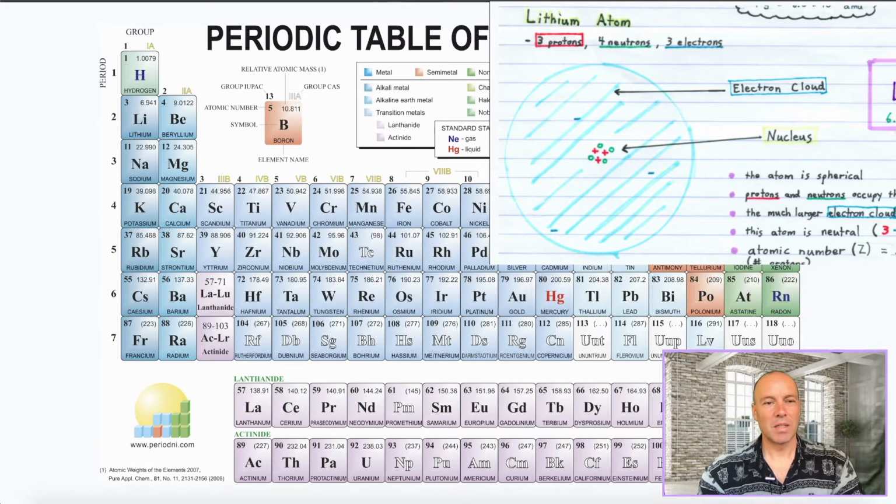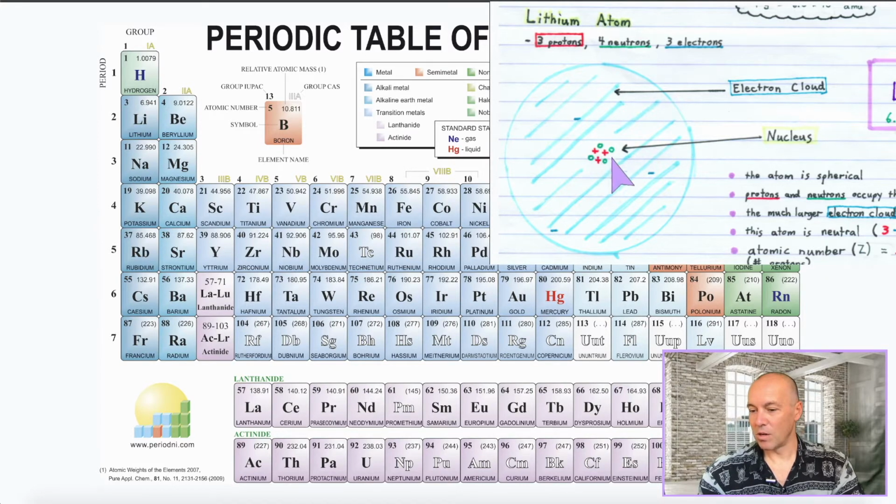Now lithium is element number 3, and that's called the atomic number of lithium, and that tells us that all lithium atoms have 3 protons. You remember the protons and the neutrons are in the nucleus, and the electrons surround the nucleus in what's called the electron cloud.